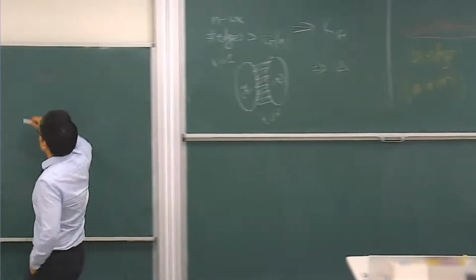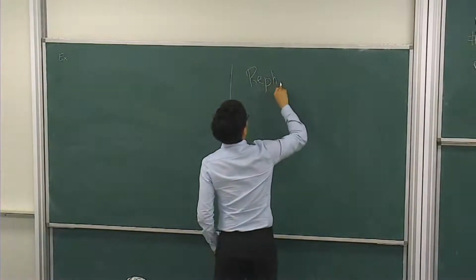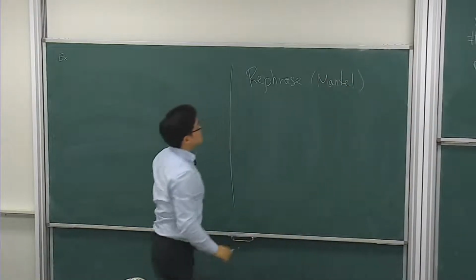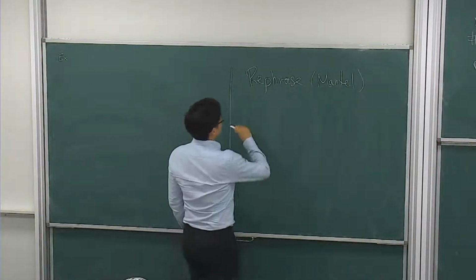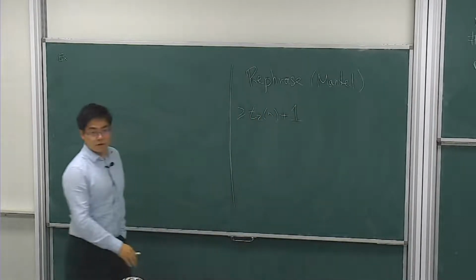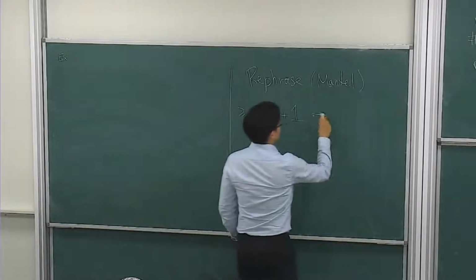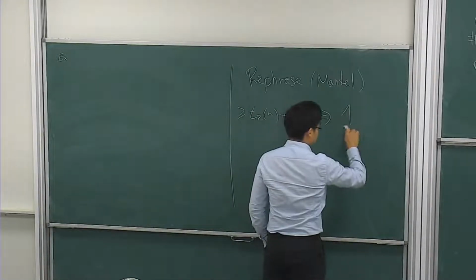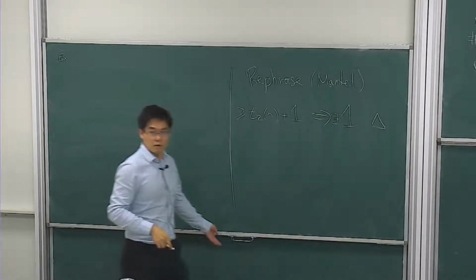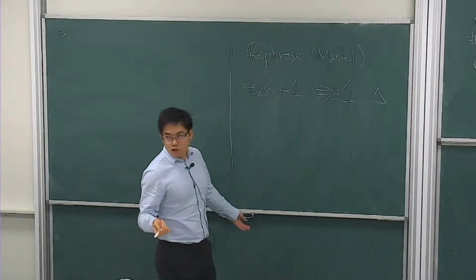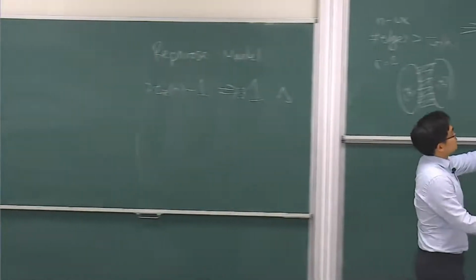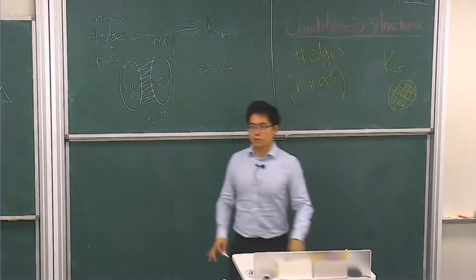If I rephrase Mantel's result, basically it's saying that if your number of edges is 1 above, then for sure you will see one triangle somewhere in your graph. At any point if you have questions, please let me know. And right, this is precisely what we're talking about. We have the condition, number of edges, forcing this substructure.